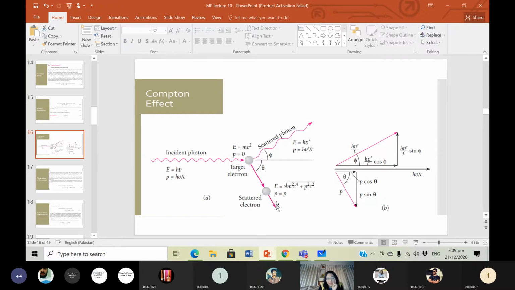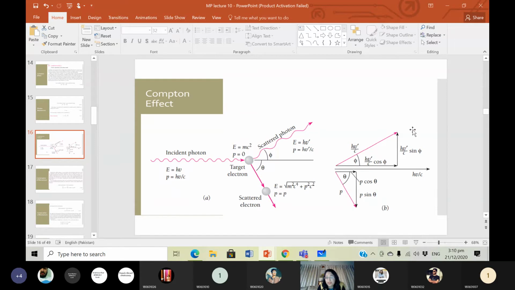Then when this electron is being scattered, its momentum will be called p. Its energy will be defined as the square root of m squared c to the power 4 plus p squared c squared. We are considering the effect of relativity over here as well, because obviously the incident photon is moving with the speed of light, so we have to use relativity here. So I'll come to this diagram in a moment.